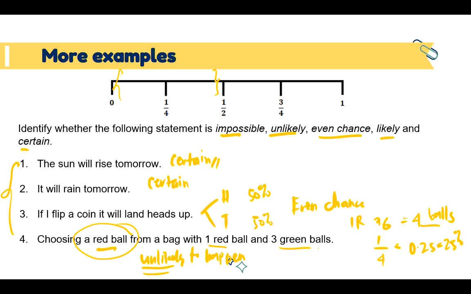So, kung titignan mo yung problem, napakadali talagang makita na unlikely to happen siya. Hindi siya pwede maging impossible kasi pwede itong mangyari. Mababa nga lang yung probability na makuha natin yung red. Okay? So, ibig sabihin, kapag nag-solve tayo ng word problem, hindi lang basta analyzation, meron din tayong solving. Okay po? So, analyze carefully.